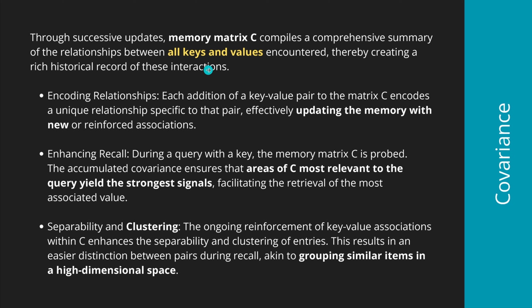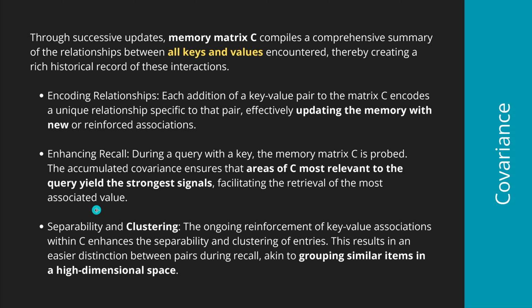Covariance. The memory matrix C compiles a comprehensive summary of the relationship between all keys and values encountered and creates a rich historical record, especially for time series. So, continuously updating the memory with new associations, areas of C most relevant to the query yield the strongest signal if we now apply a query to our memory matrix, because now we want to extract the relevant information from our memory structure.